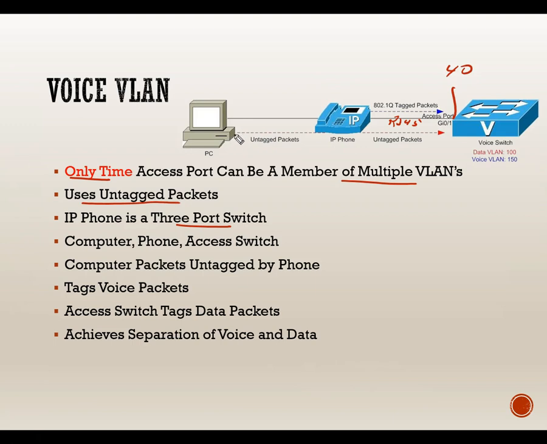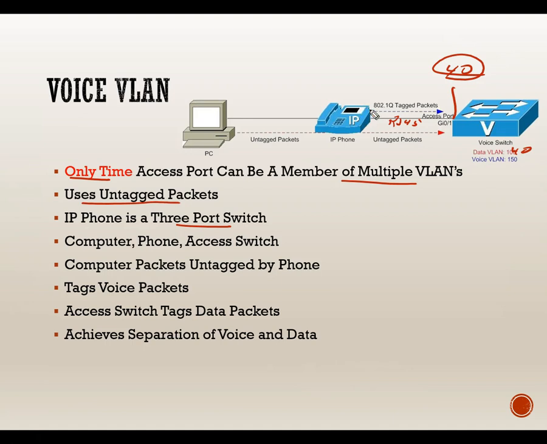What happens when the data packet, the frame, leaves the computer? It goes to the IP phone. The IP phone does not tag it. It sends it untagged to the switch. Switch then tags the data with VLAN 40. The voice VLAN is VLAN 150.